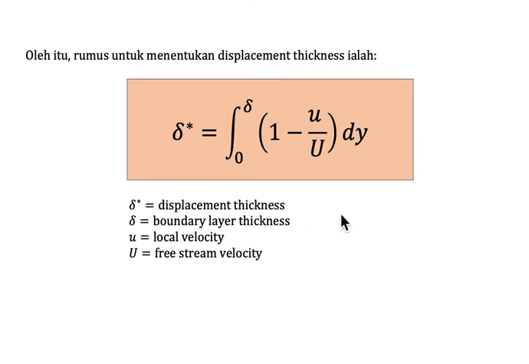As a conclusion, the equation for displacement thickness is delta star equals the integral from 0 to delta of 1 minus u over capital U, dy, where delta star is the displacement thickness, delta is the boundary layer thickness, small u is the local velocity, and capital U is the free stream velocity.